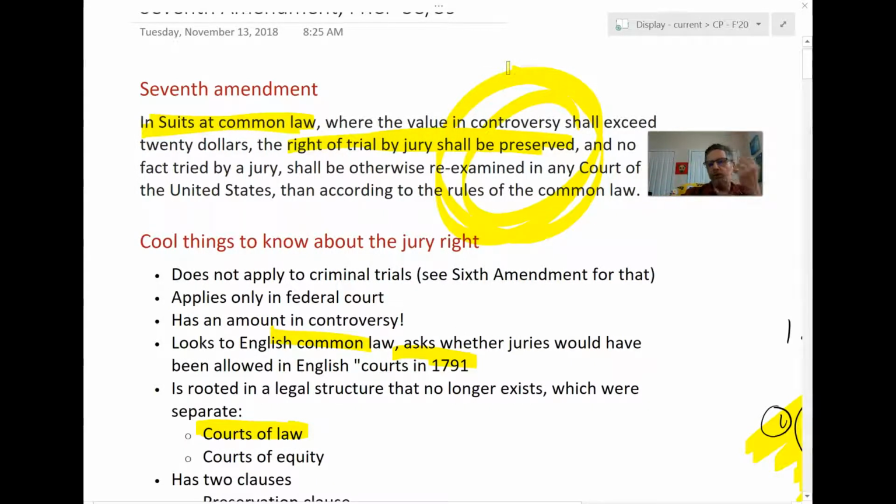Now note that the word preserve here doesn't really mean things will be exactly the same as they were in 1791, because the court structure itself has changed since 1791. But we're at least trying to stick with the spirit of how things would work.